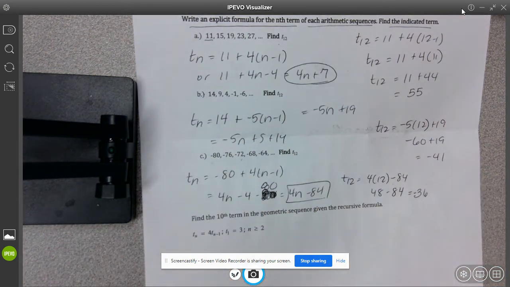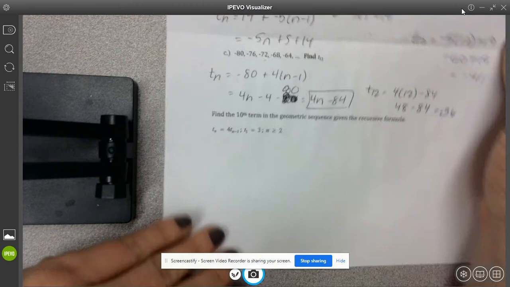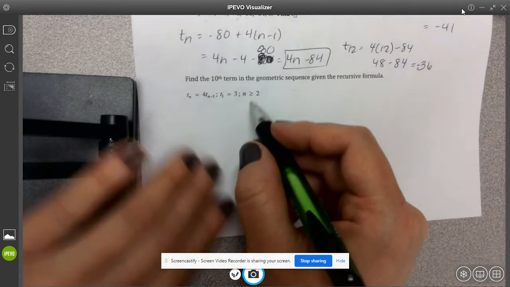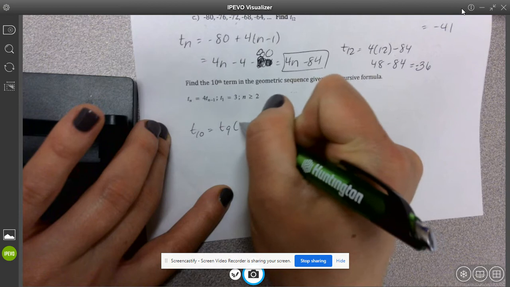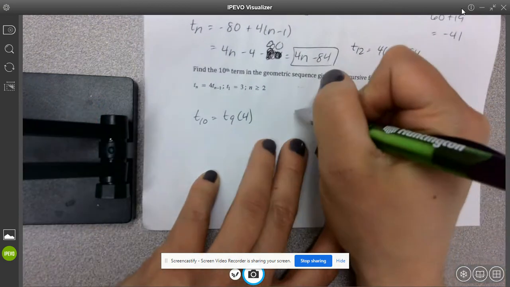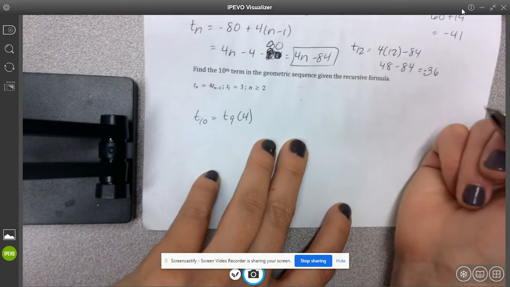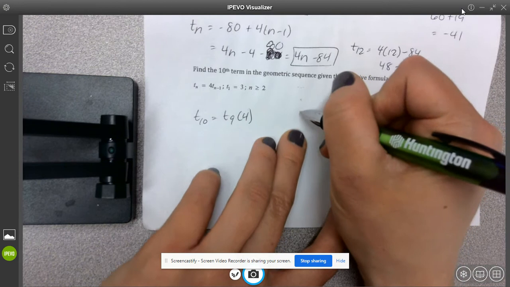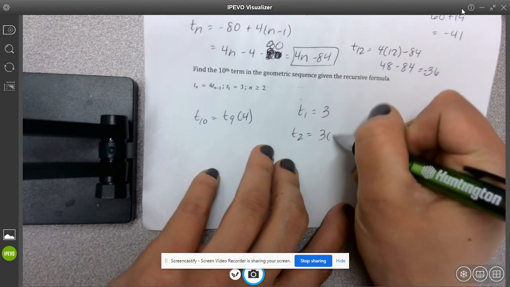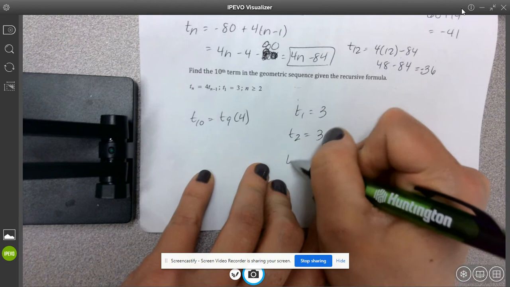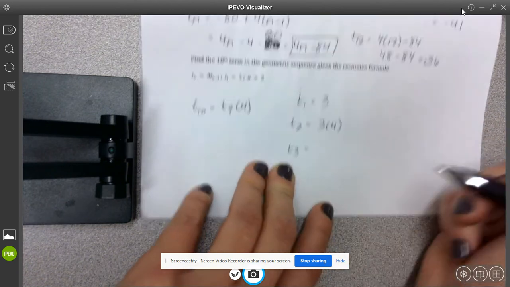Okay? All right. Now, what if it was geometric? It's going to be the same thing. If you're trying to find the 10th term, you need to take the 9th term times 4. So what you would need to have done was go back to the beginning. Well, we could have done it like this. The first term is 3. The second term is 3 times 4, which is 12. But leave it like that so you can see the pattern.